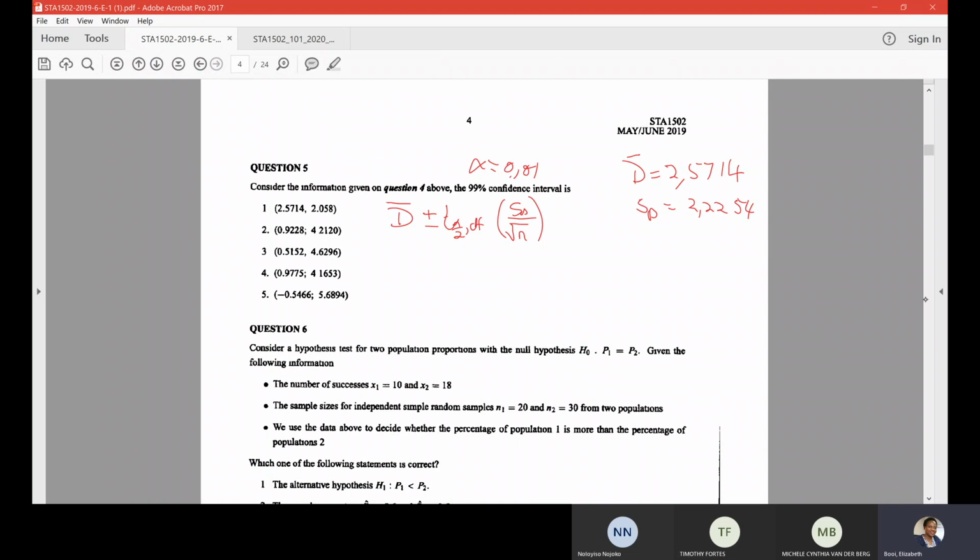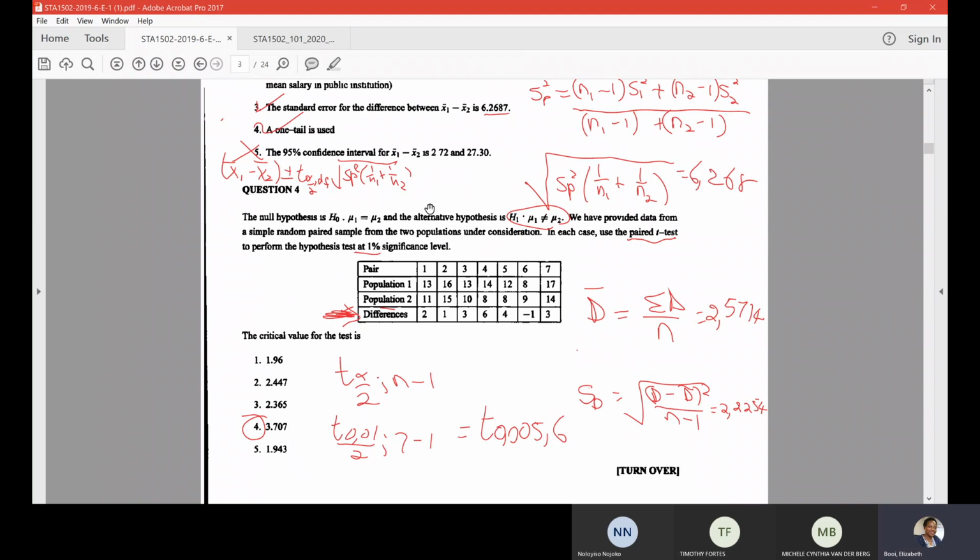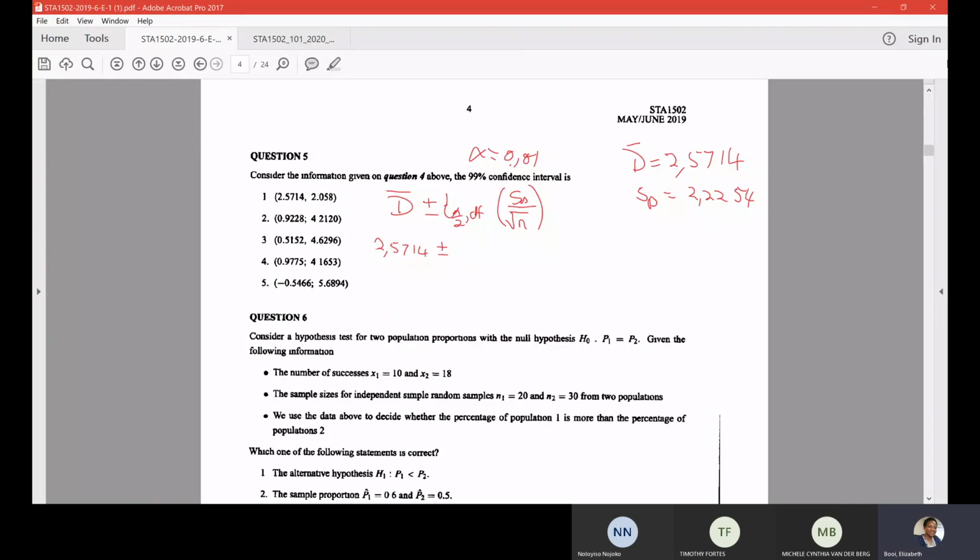You just substitute into the formula: 2.5714 plus or minus our critical value, 3.707, times our standard deviation, 2.2254, divided by the square root of our n, which is 7.